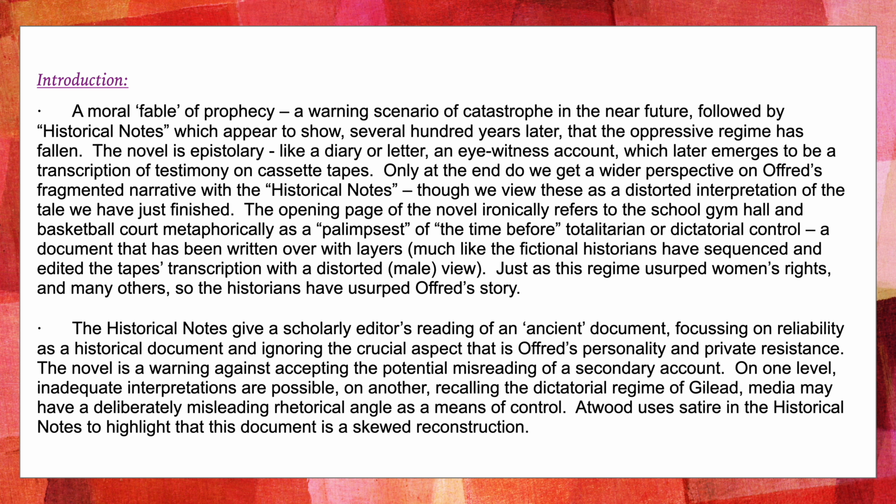Palimpsest meaning a document that has been written over, that has layers, much like the fictional historians have sequenced and edited the tape's transcription with a distorted male view. That may not make sense as yet, but it will do as we move further forward. Just as this regime has usurped or taken over by force women's rights, and many others, let alone women, so the historians have usurped Offred's story.